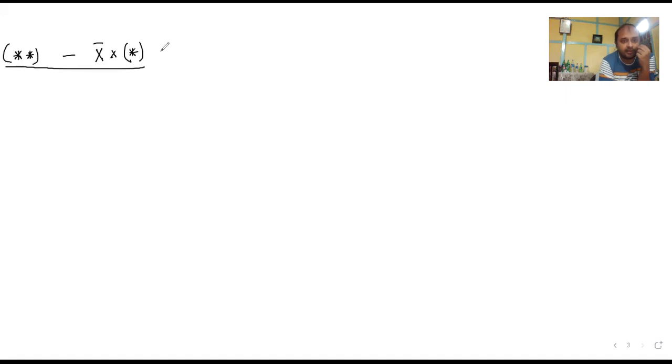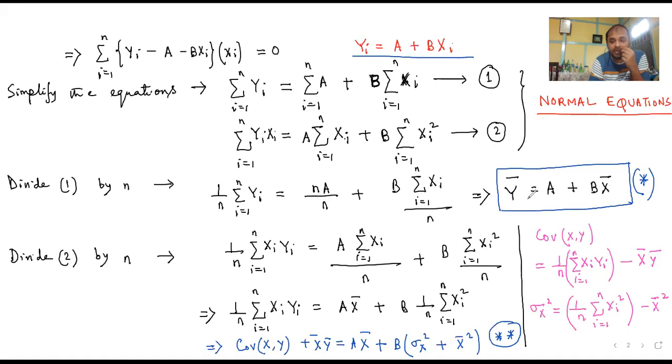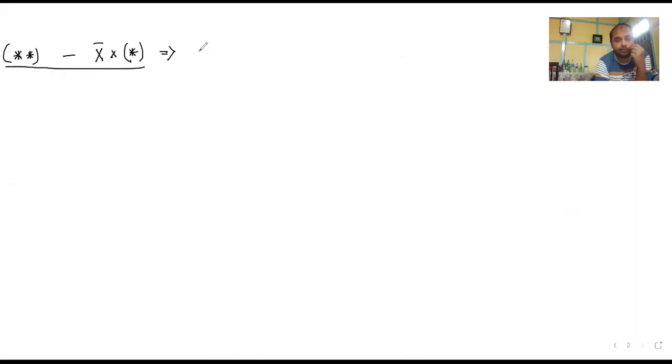What does this mean? I mean to say that I am going to multiply equation single star by x bar, and that equation will be subtracted from the equation double star. Okay, let us do it. First of all, I'm going to write the equation double star once again.